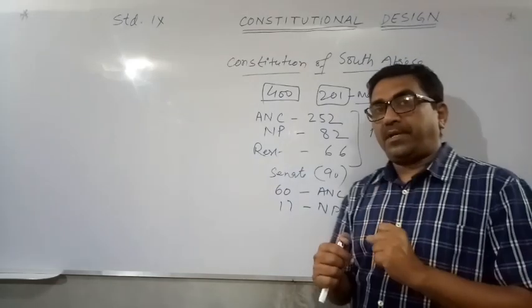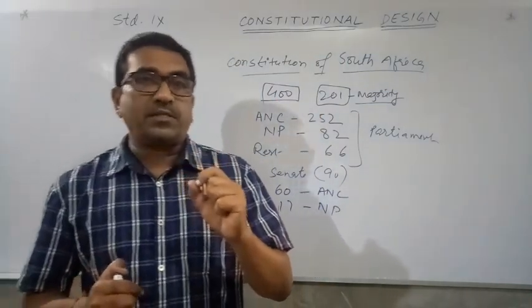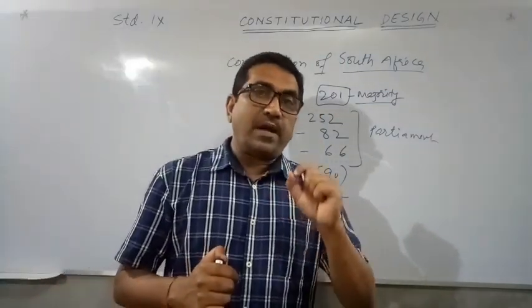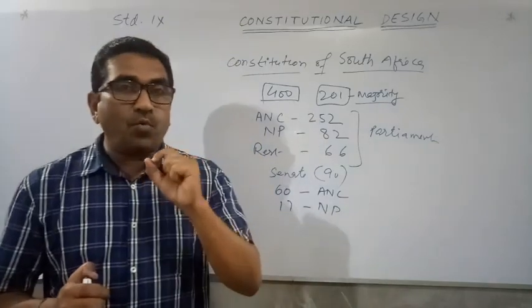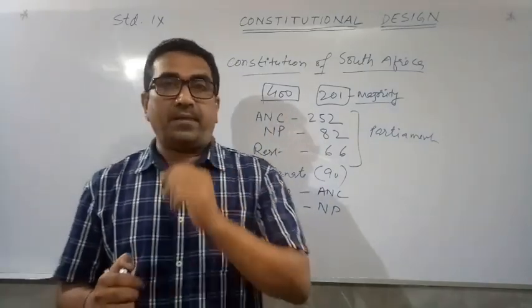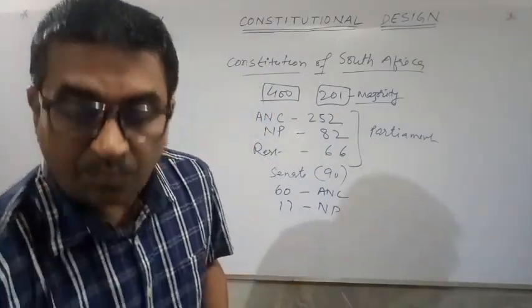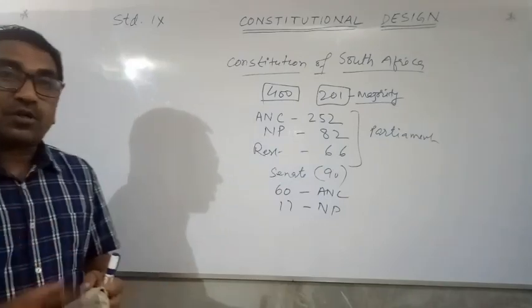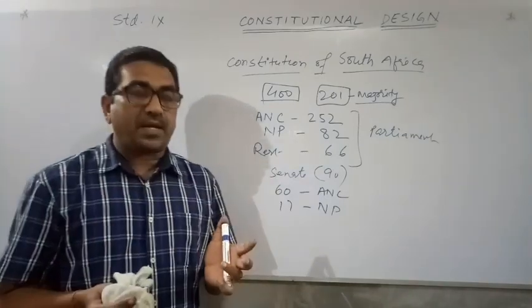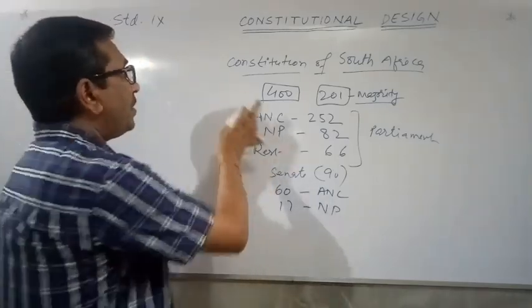Now fear was coming. The most abundant fear was in the mind of the whites: as soon as the majority came, their property would be taken away. So they agreed on some provisions for drawing up the constitution. What should be kept in mind?